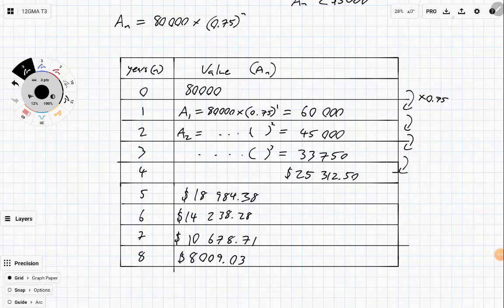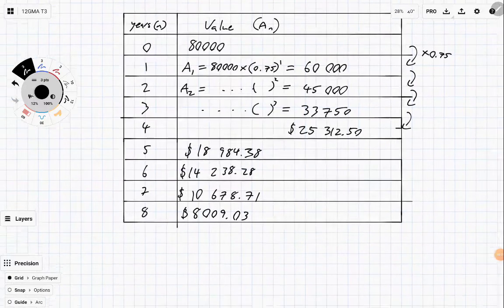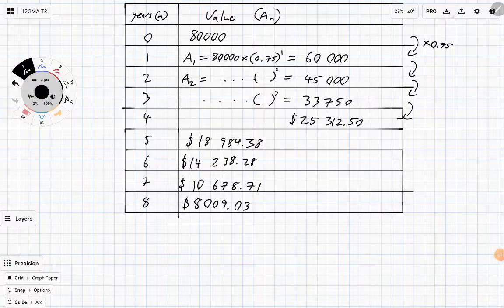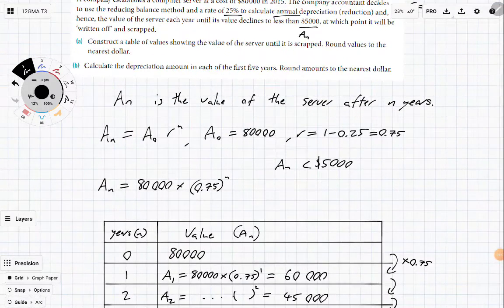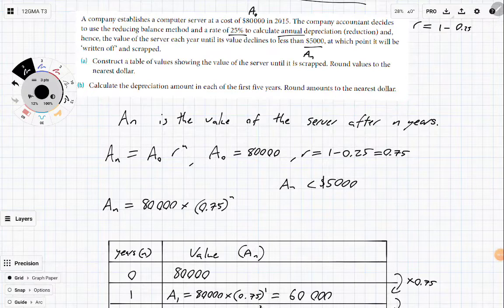And it looks like I need to go even one step further. Oh, 2 more steps. So let's fill in this table a bit more. So the 9th term is $6,006.77. And finally, the first one under is $4,505.08.